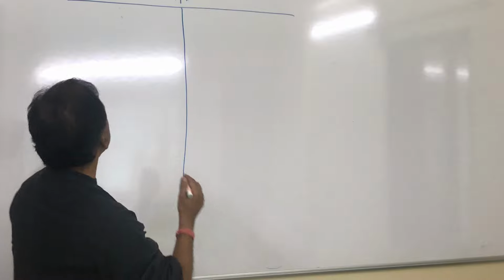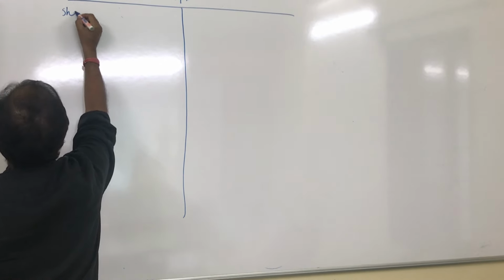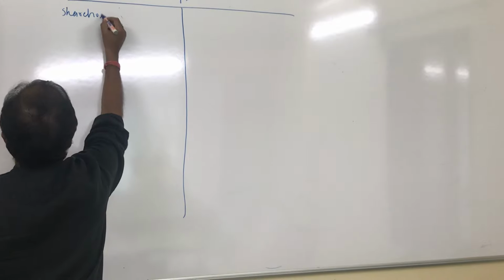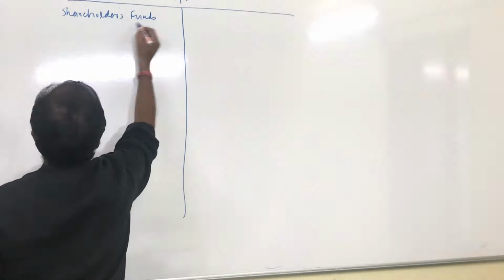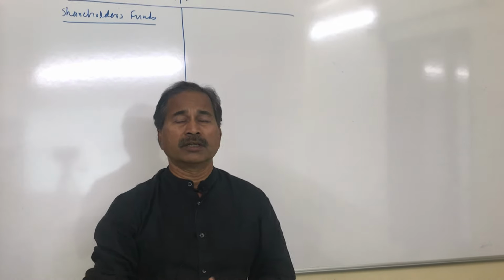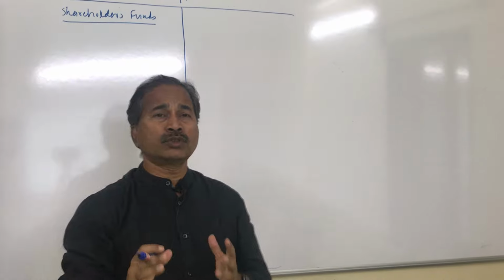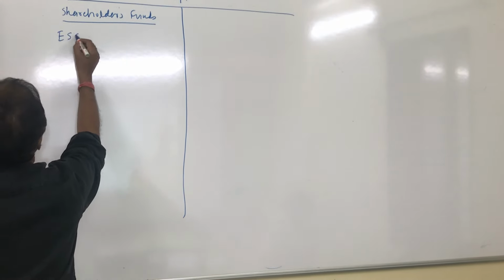So firstly we have something which is known as shareholders funds. That's the first thing that we have in the balance sheet. Under the shareholders fund, you will have equity share capital.